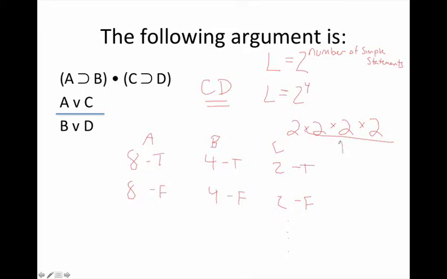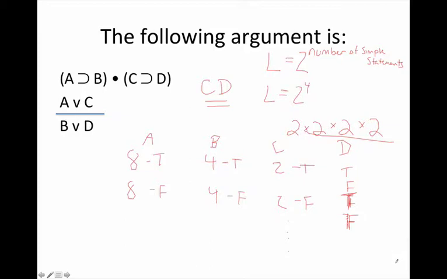And then D, as the last, alternates true, false, all the way down for 16 rows. Okay?